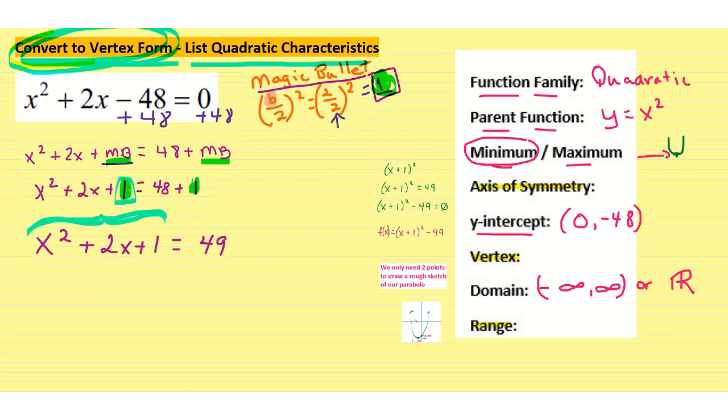So this piece is going to factor easily, and it is going to be this right here. This is the factorization of the perfect square trinomial part. Okay, but then we also have this equals 49 over here. But I just wanted to point out that x plus 1 squared is the factorization.